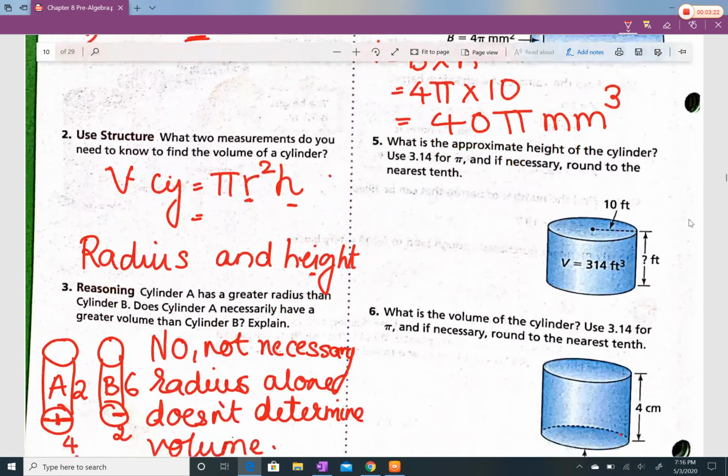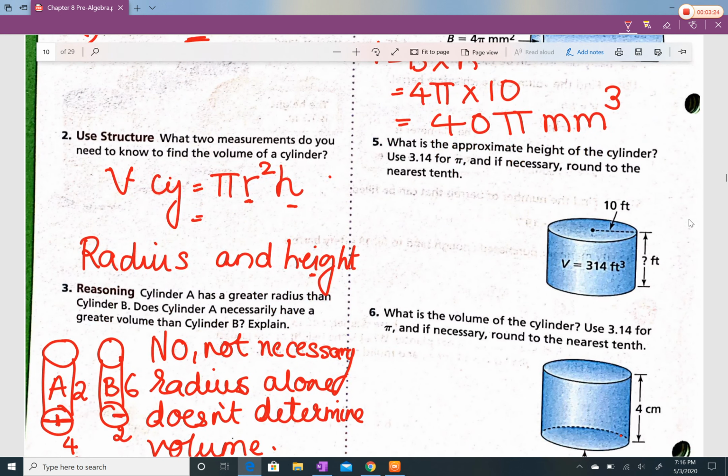Okay. What is the approximate height of the cylinder? Use 3.14 as pi. So here I know the volume, like in the "Try it" question. Volume is something I know. This is B times H. So volume is 314 equals pi r square, and height is given, 10.